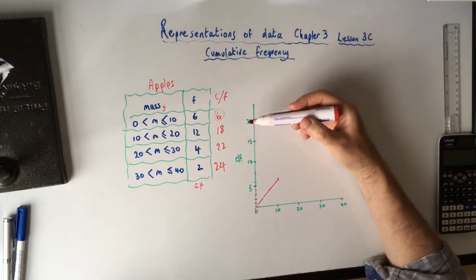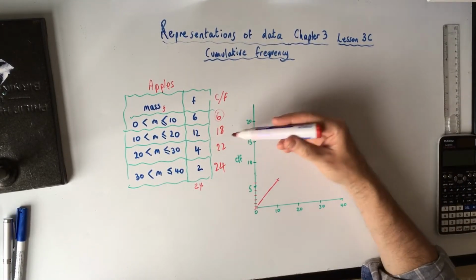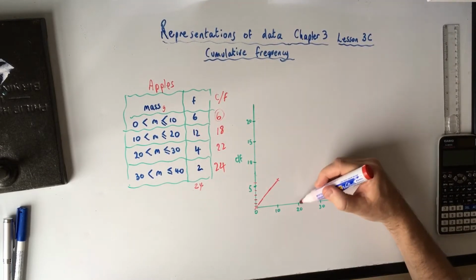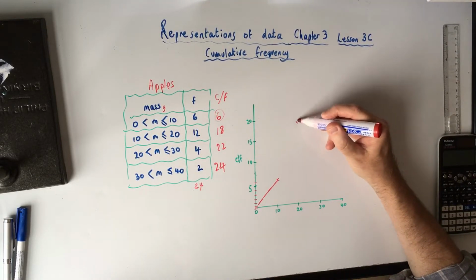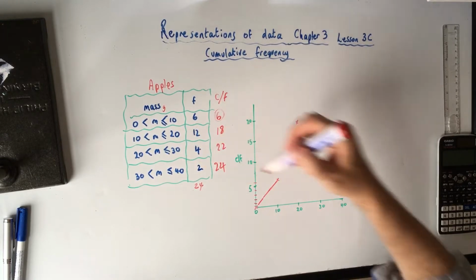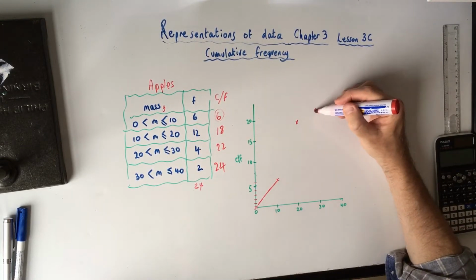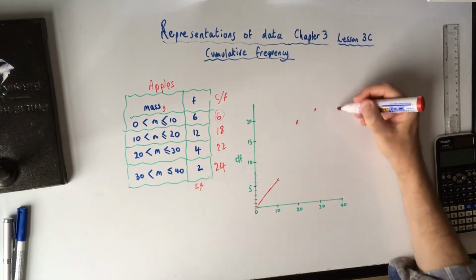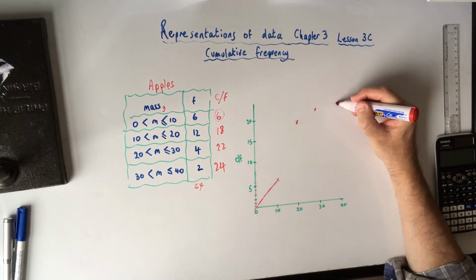Now, if I continue to join these points up with straight lines, so 18 at 20, 22 at 30, and 24 at 40, so at 40, 24 is there.